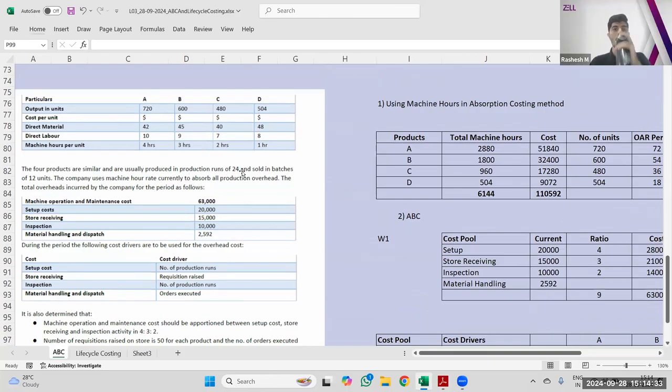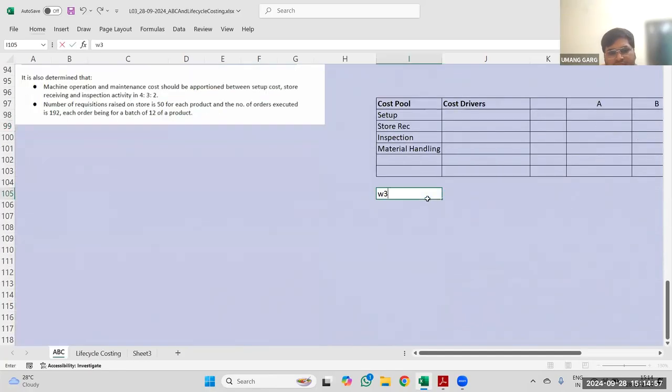So at a time, 24 products are being produced. At any given point, I put a batch of 24. So if you simply want the number of production runs, take the total output and divide it by 24.